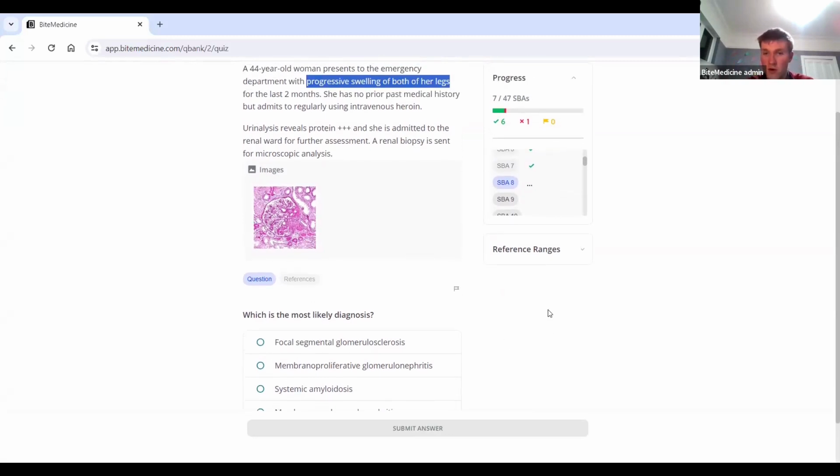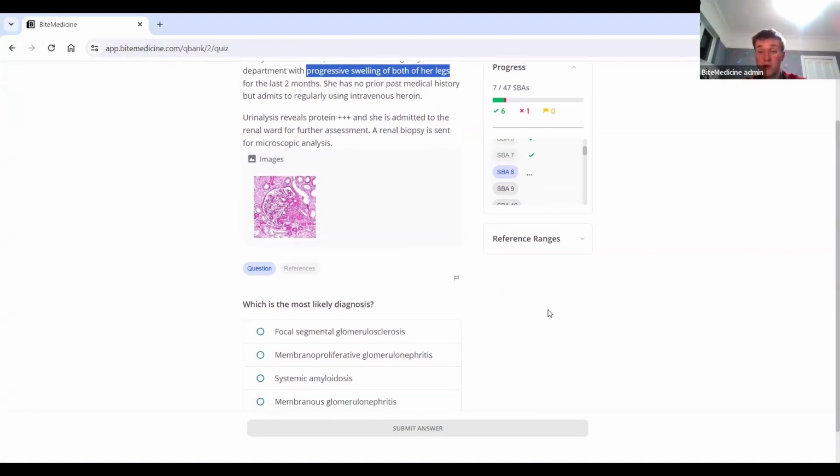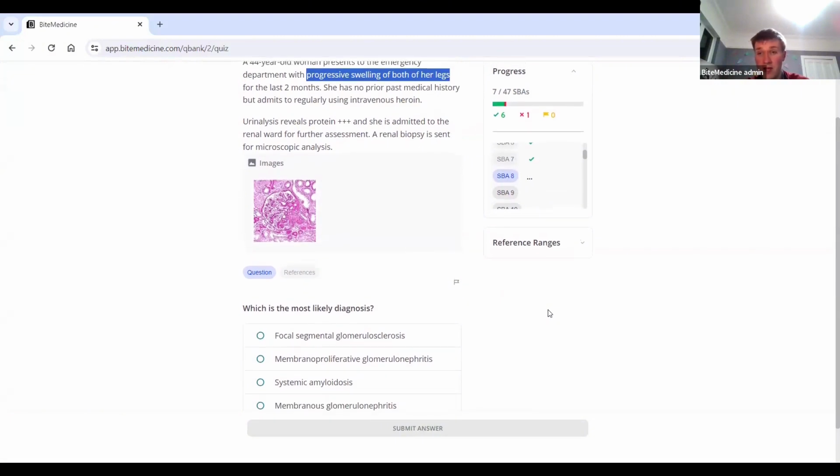You could, if you were a betting person, go for the most common cause of adult nephrotic syndrome from this list. And that would leave you with membranous glomerulonephritis if they're a Caucasian patient, and focal segmental glomerulosclerosis if they are Hispanic or Afro-Caribbean. The additional clue, if we ignore the biopsy, is that they are a heroin user.